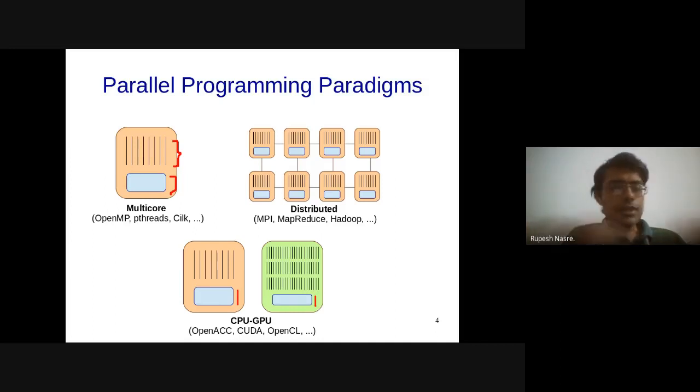Typical CPU memories could be several hundreds of GBs on a server scale. It could as well be in terabytes, for example. Whereas GPU memories are typically very small, a few tens of GBs. The ones that you might be using on Aqua might have 32 GB of RAM on the GPU.